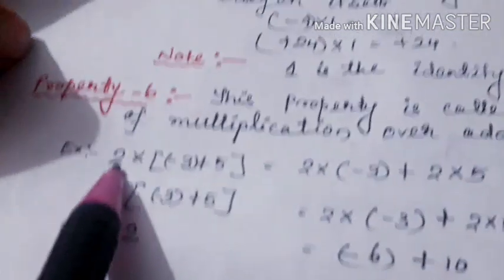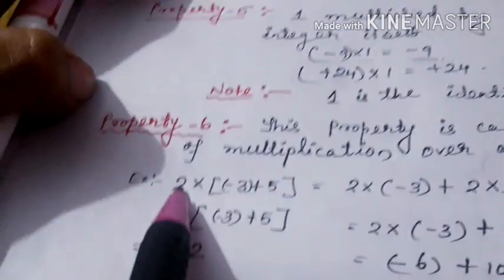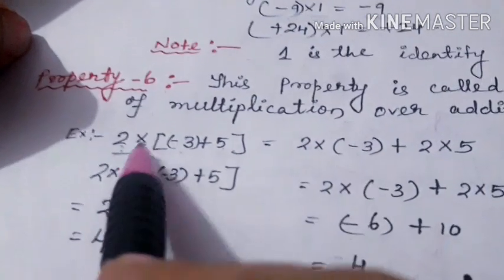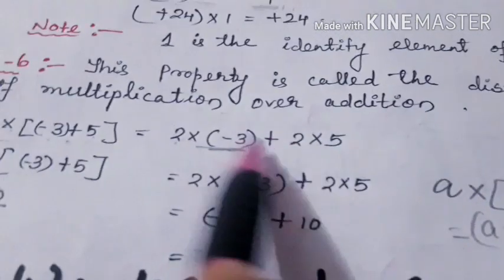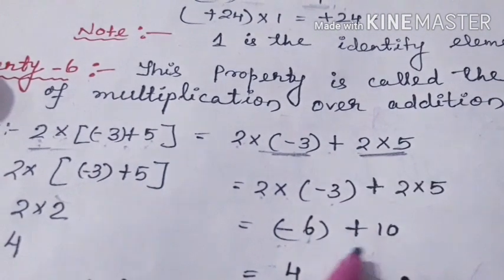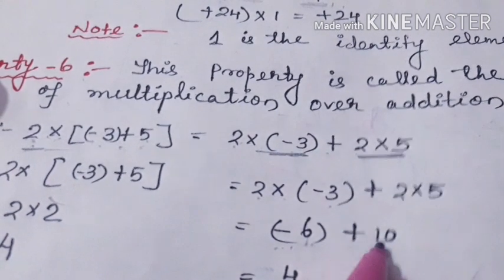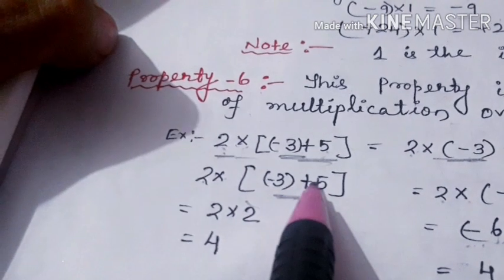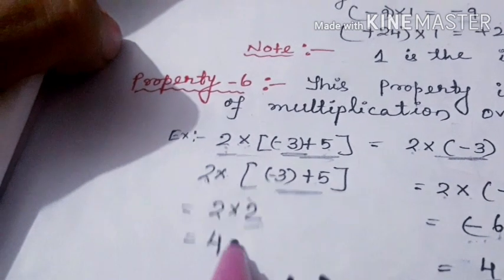First you do A into B: 2 into minus 3 plus 2 into 5. Then 2 into minus 3 is equal to minus 6, and 2 into 5 is equal to 10. Minus 6 plus 10 is equal to 4. On the left-hand side, 2 into (minus 3 plus 5): 5 minus 3 means 2, and 2 into 2 is equal to 4. In both cases, the results are the same.